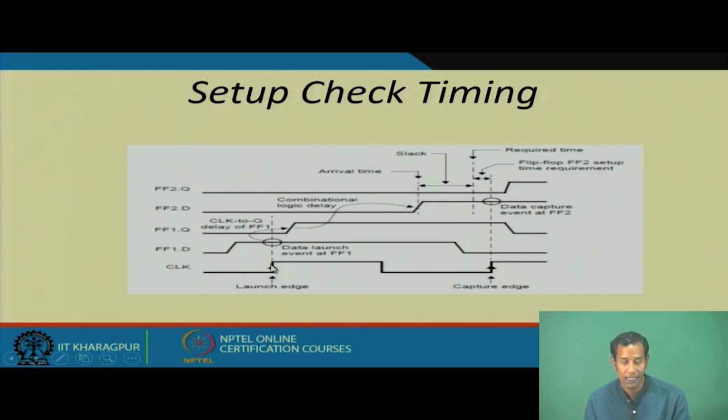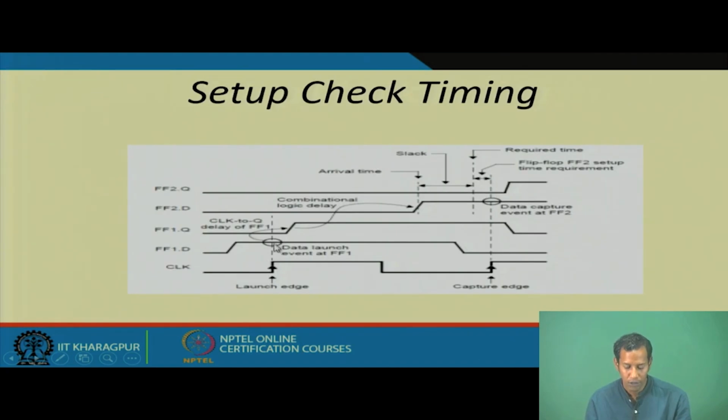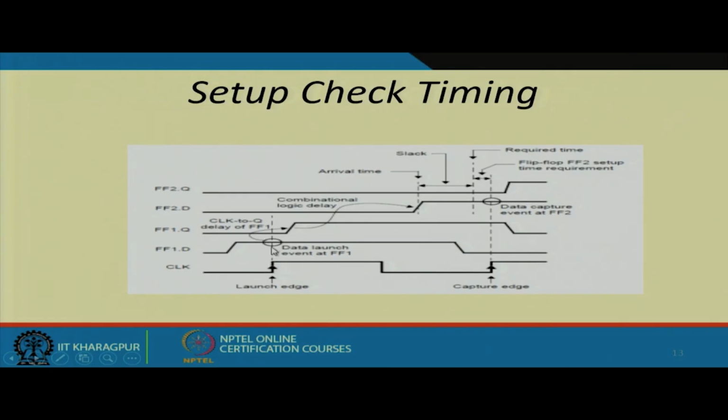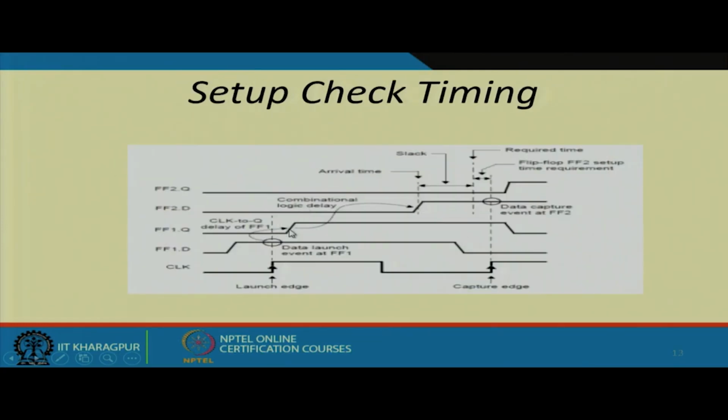If these two flip flops are positive edge triggered, then whenever I find the clock edge, at that time this is the input data of flip flop 1. This is known as the launch edge. The launch edge will find that the data input value is 1 over here, and after that I will get the output at Q after some time.